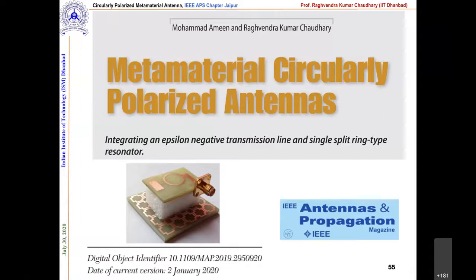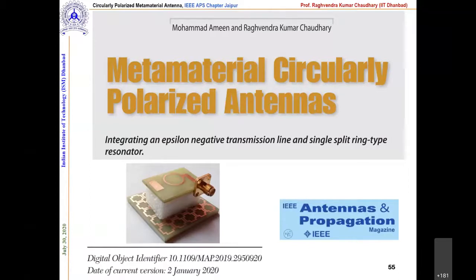From 2018 onwards, we took a challenge of how we can incorporate CP in small antennas made of the CRLH approach, and we succeeded. It requires some basic ideas: what the field components are and how you can manage the electric and magnetic fields.